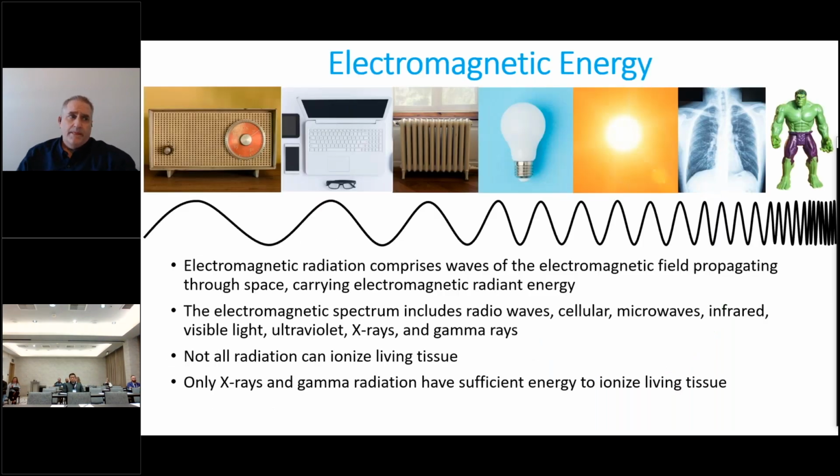So understanding radiation exposure requires the understanding of electromagnetic energy. If you simply go out and Google or jump onto Wikipedia, you're going to see an explanation of electromagnetic energy or electromagnetic radiation. They're used interchangeably. There is a slight difference, but we're going to talk about electromagnetic radiation, or what's called EMR.